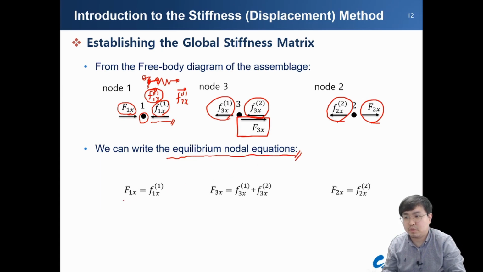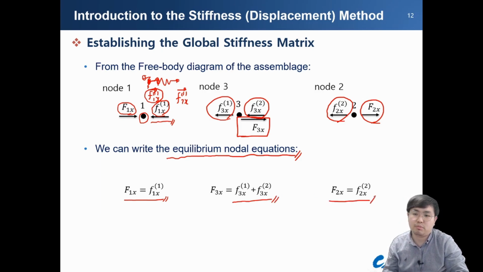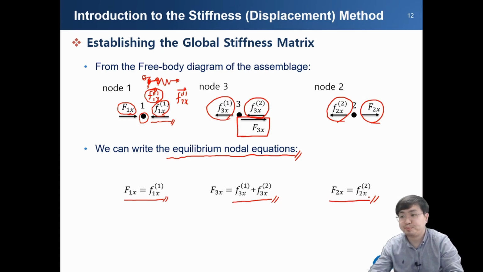That means F1x is equal to the small F1x, and capital F3x must be equal to F3x1 plus F3x in the second element forces, the combination of F3x in both elements. And the last equilibrium equation looks like this.